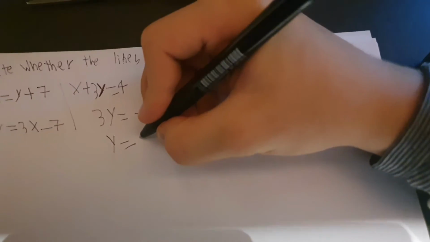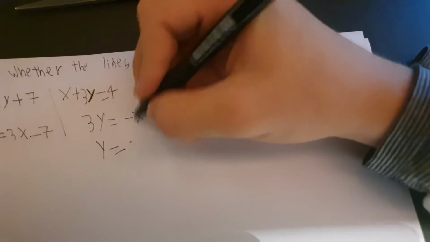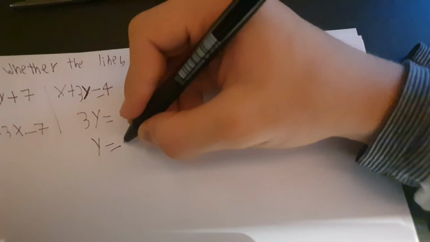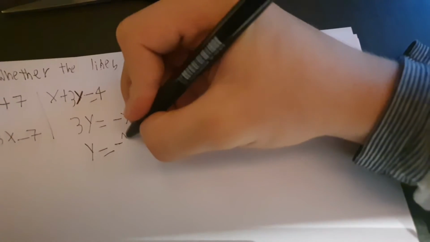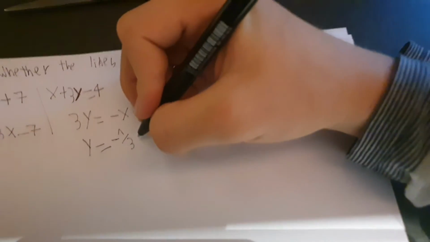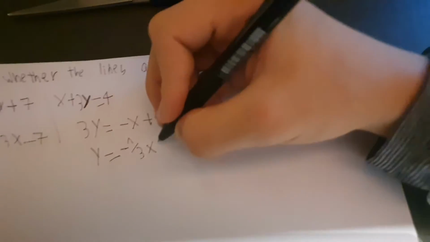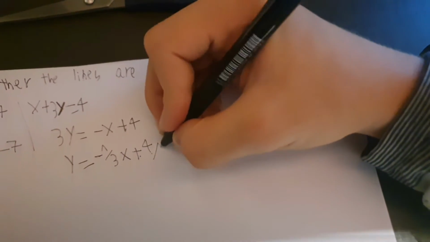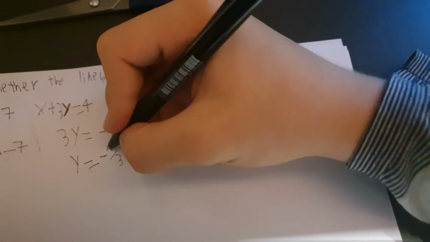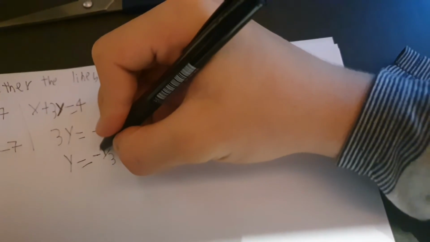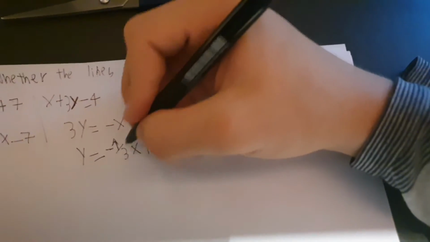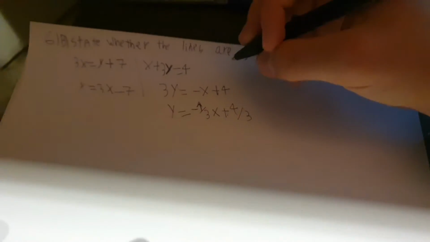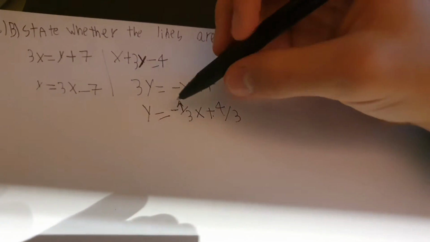So y is equal to -1/3 x plus 4 divided by 3. It was actually -1, so -1 divided by 3, it's represented like this. Okay, so these are the full equations.